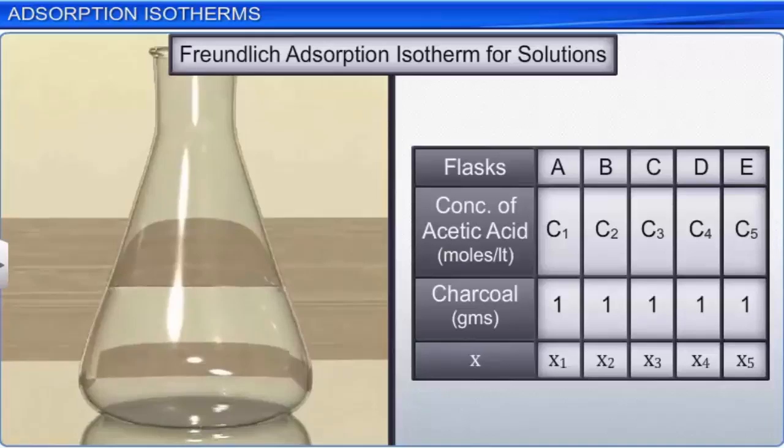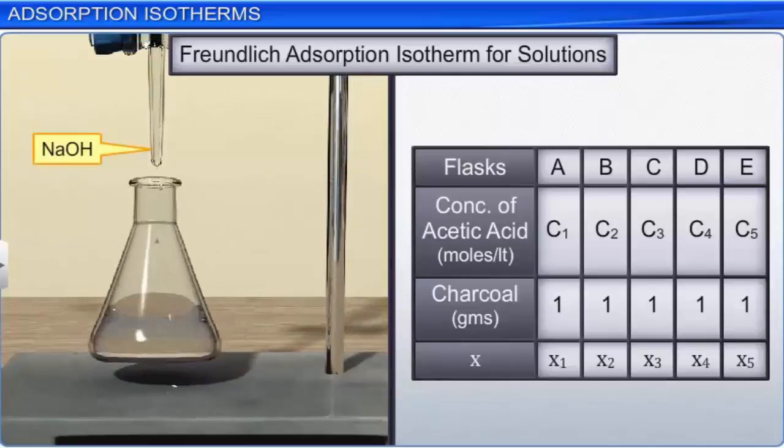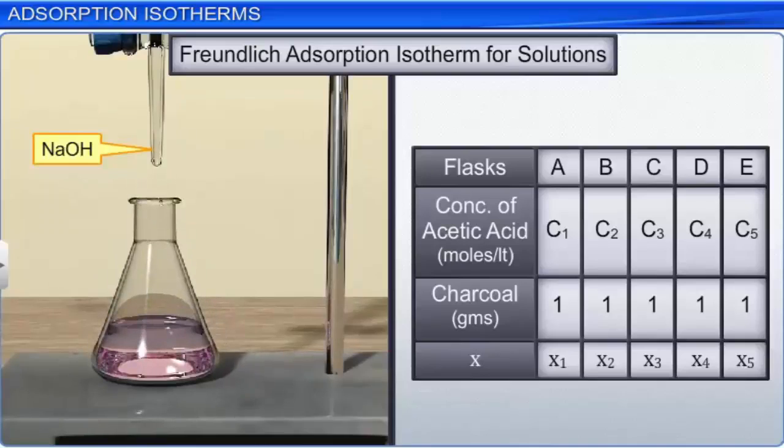The final concentration of acetic acid is determined by titrating the resulting solution against a standard solution of sodium hydroxide. From the difference in the initial and final concentrations, the value of x, the amount adsorbed, can be calculated.